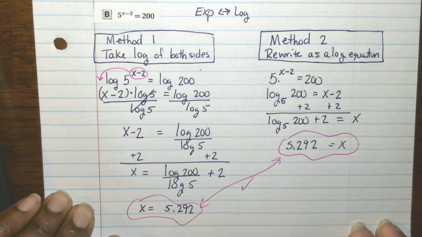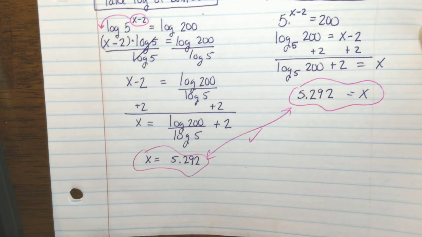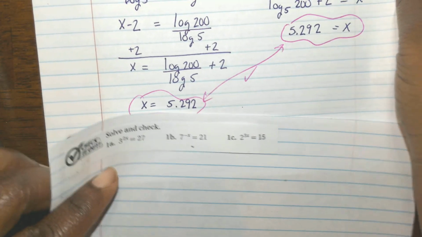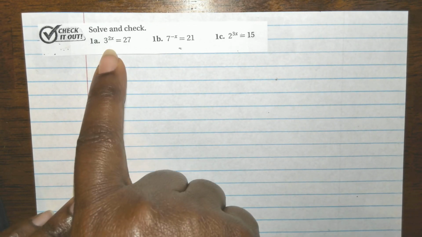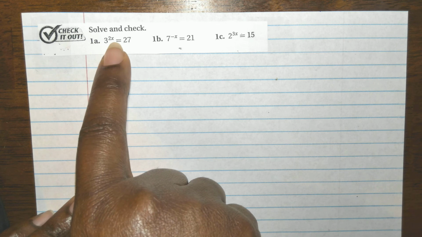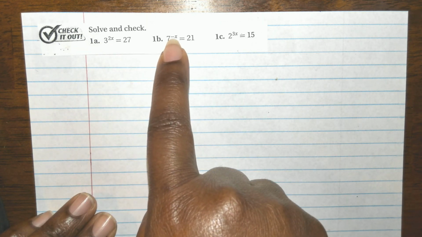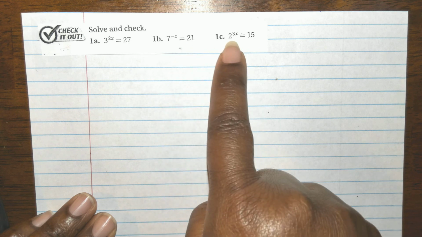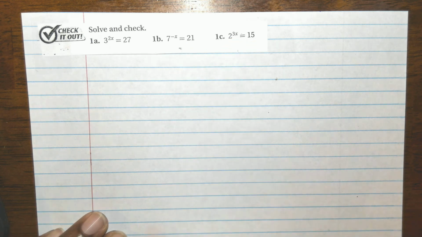Now, at this time, I want to give you all three additional problems for you to try and make sure that you get them correct. So here we have 3 raised to the 2x power equal to 27. We have 7 raised to the negative x power equal to 21. And lastly, 2 raised to the 3x power equal to 15.